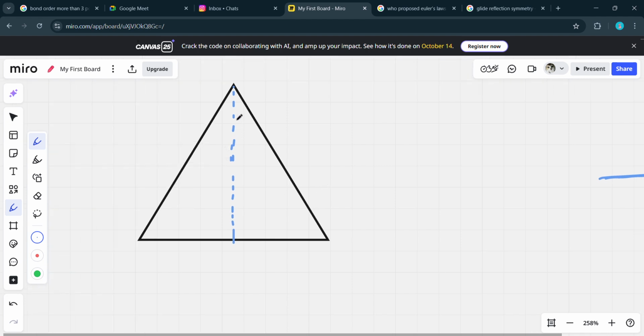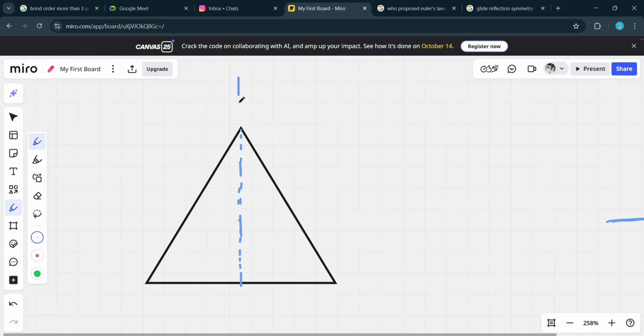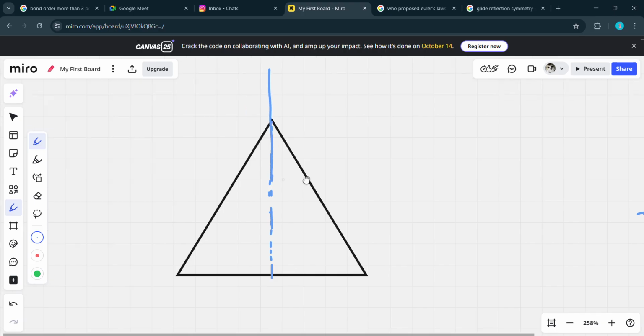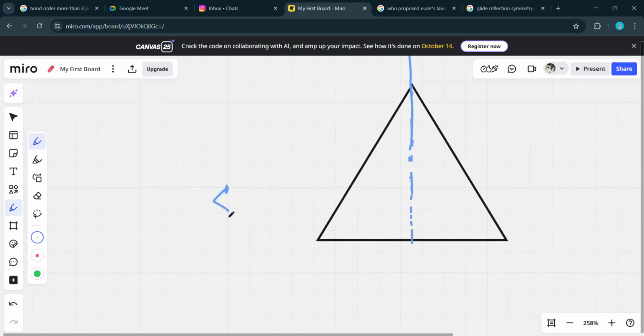Just see this. Across this line, like for example, put a mirror in this line. Okay. So when you see from here, this is your eye, you will see that the image of this equilateral triangle will be exactly the same as this triangle.